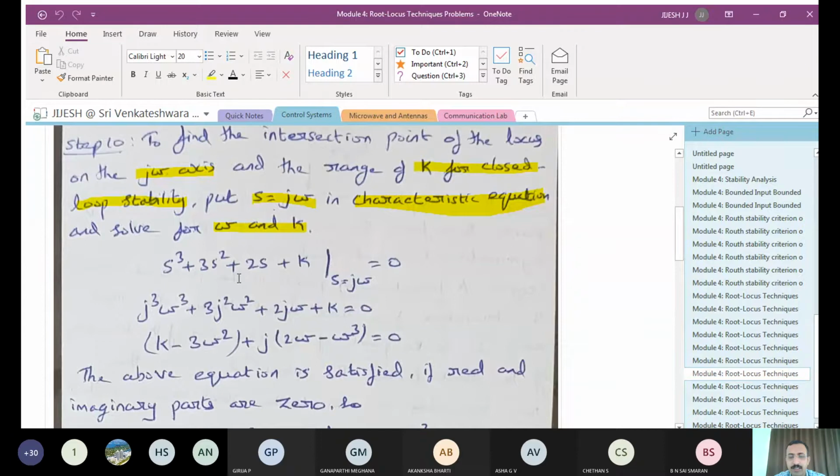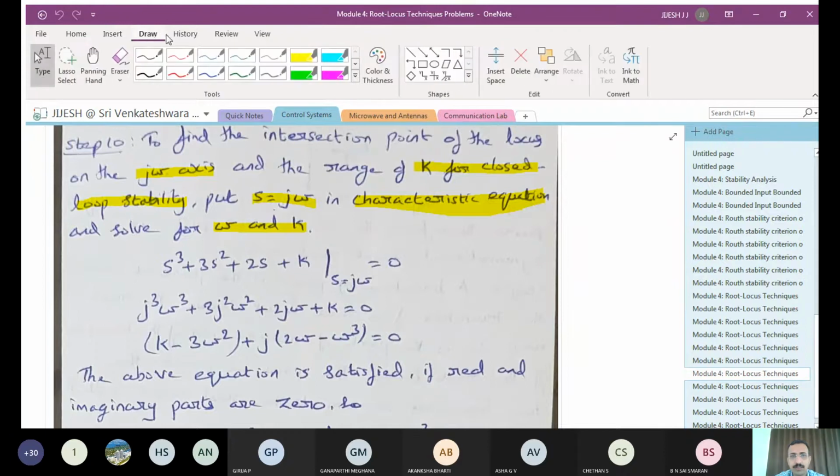So you are going to get (K minus 3 omega square) plus j (2 omega minus omega cube) equal to 0. So this is what you get.